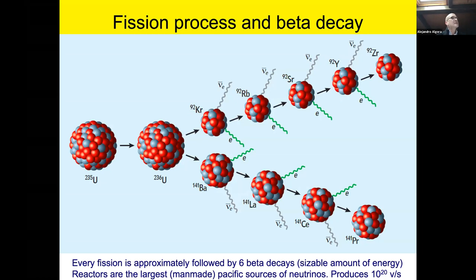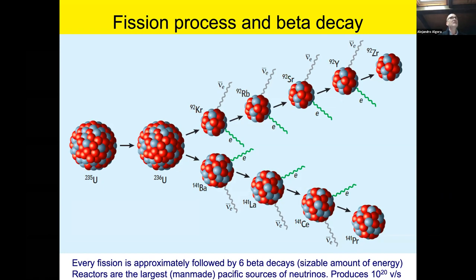But of course, from the perspective of the talk I'm presenting here, the important thing is that reactors are the largest man-made pure sources of neutrinos, or in particular antineutrinos, since every fission is followed by 6 beta decays. After every fission, you have a mean value of 6 antineutrinos.